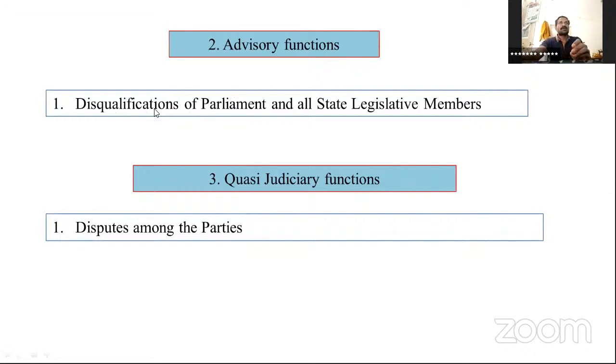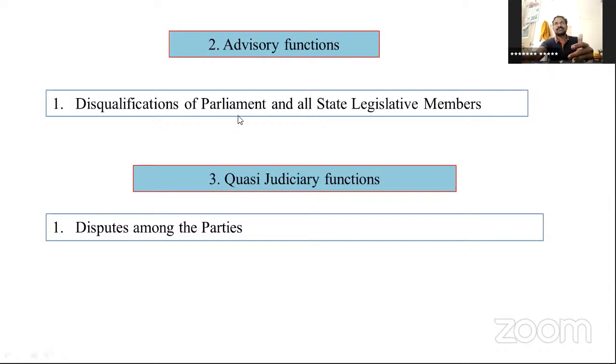Mainly, the election commission advises the President of India and state governors about disqualifications of parliament and all state legislative members. These are the suggestions given to the President of India and all state governors.